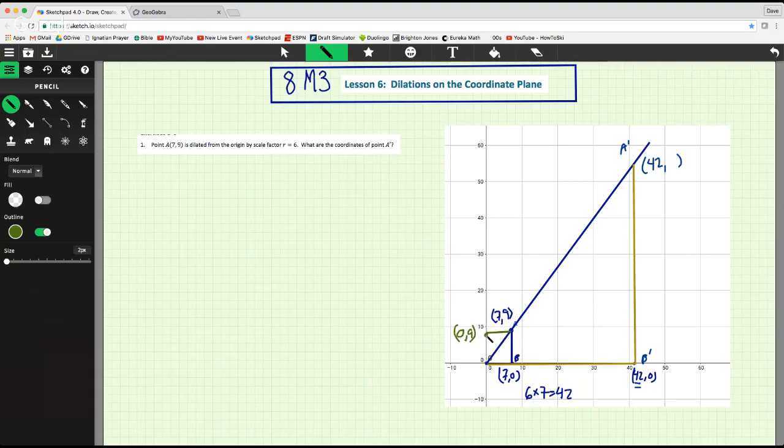And this is point C. So somewhere up here is C prime. Well, if this is 9, then 6 times 9 is 54. Right? This is 9. If I'm going to scale C with a scale factor of 6, I've got to go to (0, 54).